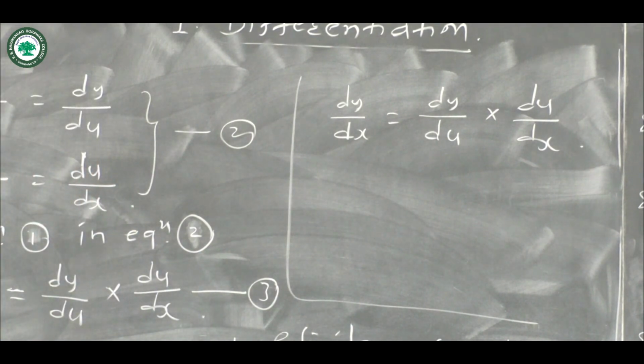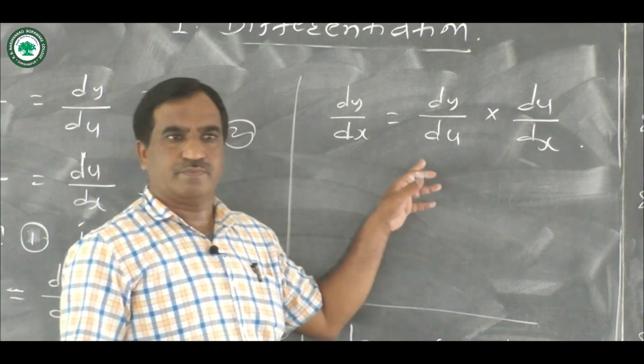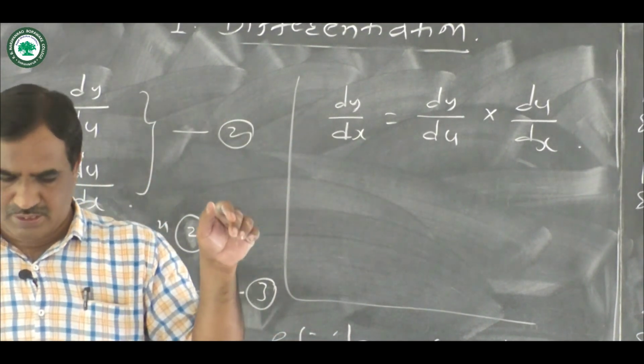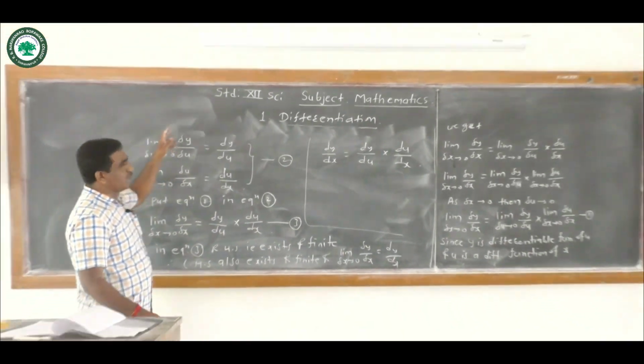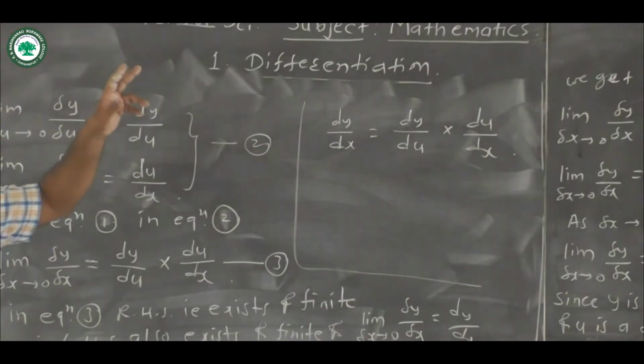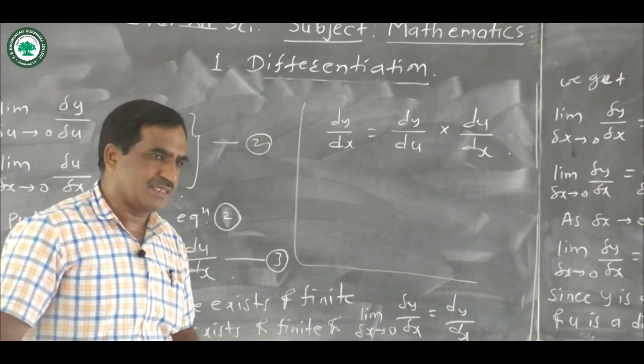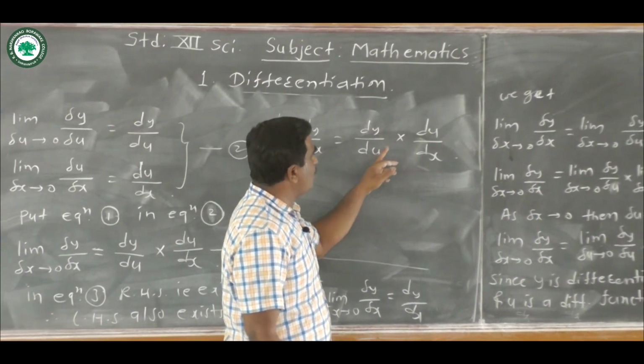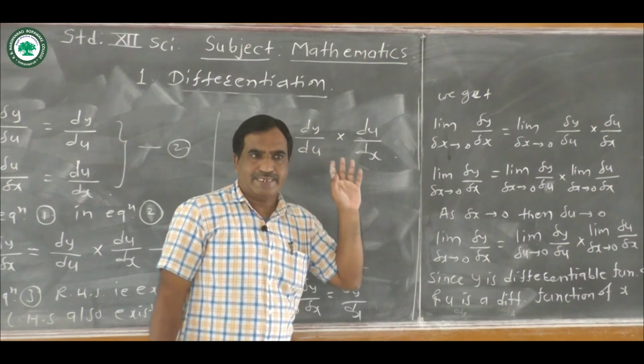Now here we extend this composite rule to two or more functions. If we are given two functions, y is a function of u and u is a function of x, then we get dy by dx is equal to dy by du into du by dx.